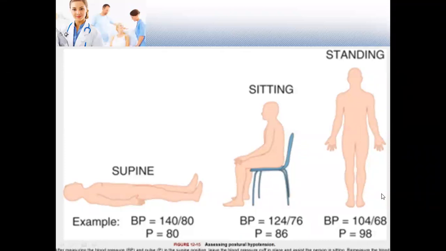So the diastolic blood pressure decreases by more than 10 millimeters of mercury.